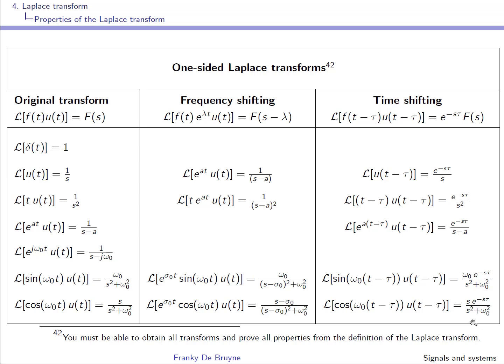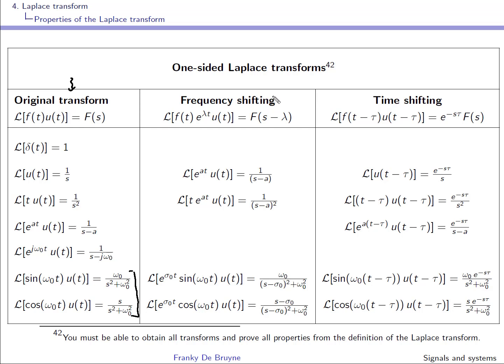So remember that this table is obtained using the definition of the one-sided Laplace transform. This yields the first column over here, and the two last Laplace transforms involving sine and cosine are obtained from the linearity property of the Laplace transform.